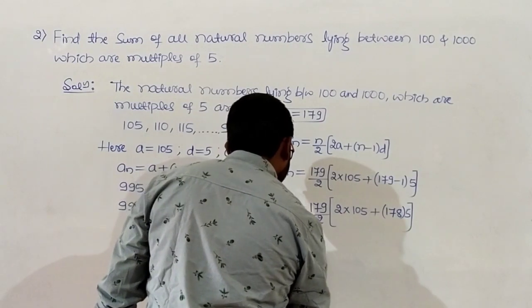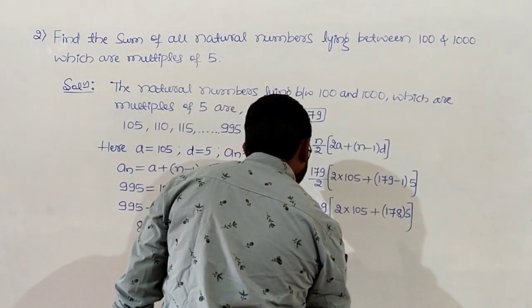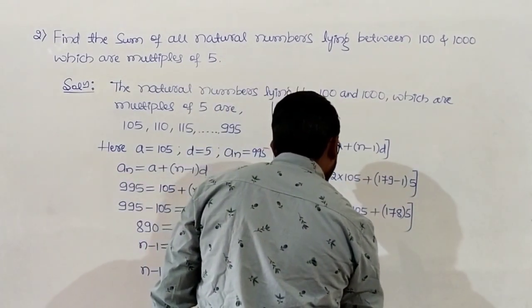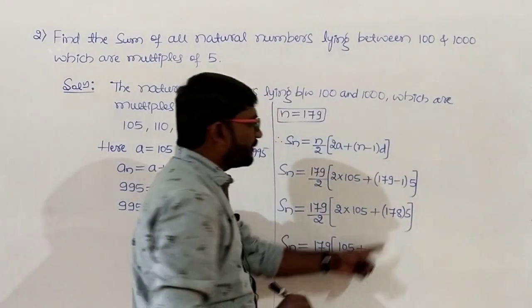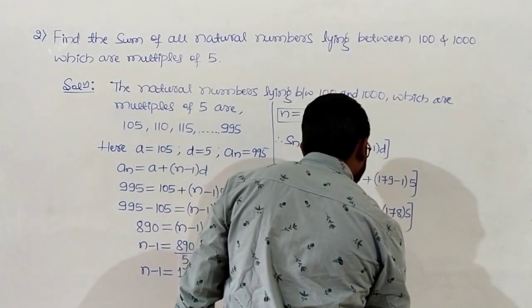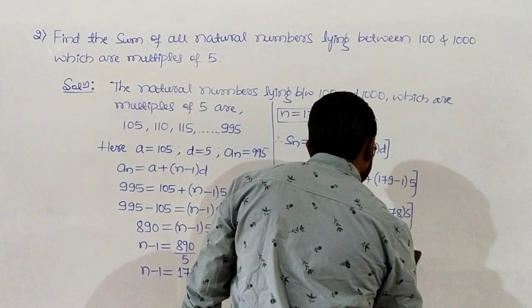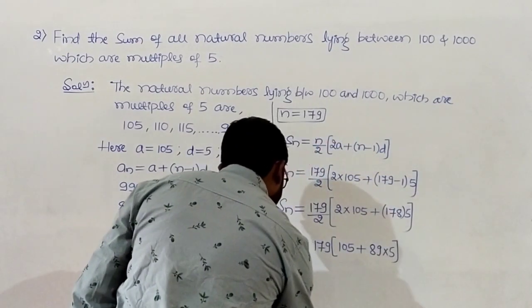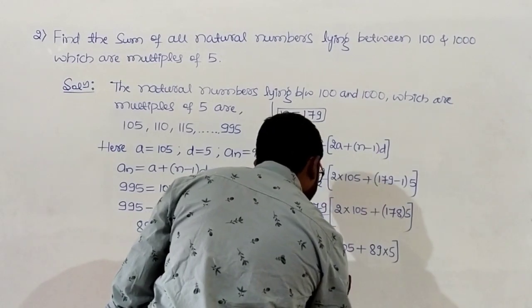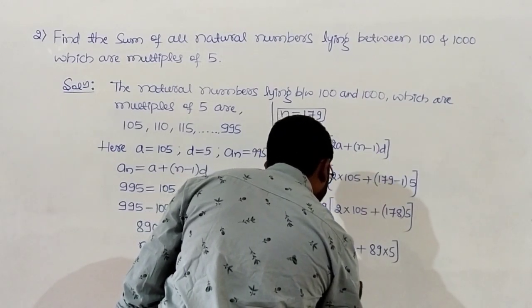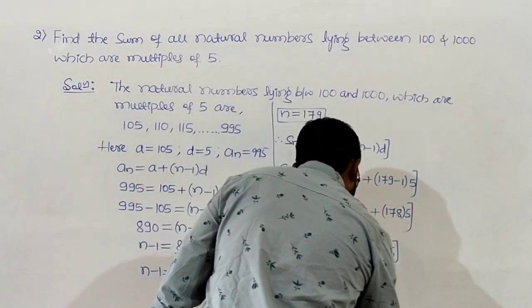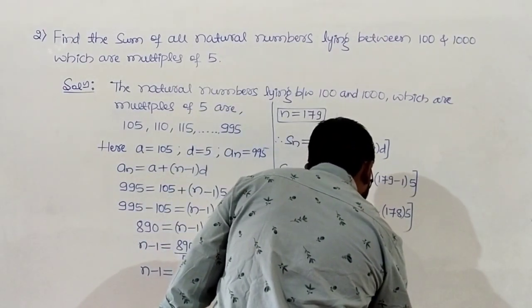Sn is equal to 179, then inside the bracket you get 105 plus 178 divided by 2, which gives us 89, so 89 into 5. In the next step, Sn is 179 into the bracket 105 plus, multiplying these two, you get 445.